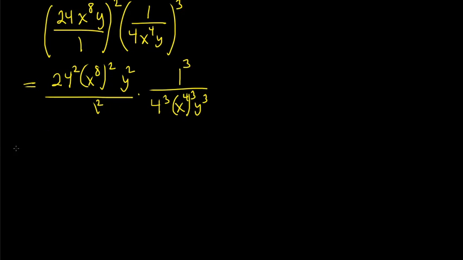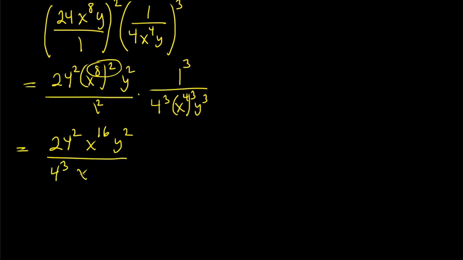So this is really just 24 squared times x to the, remember, 8 times 2 is 16, times y squared, divided by 4 cubed times x to the 4 times 3 is 12, times y cubed. Now, 24 squared, 24 times 24, probably just use a calculator for that.